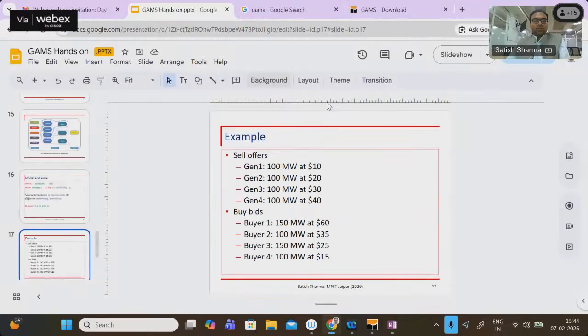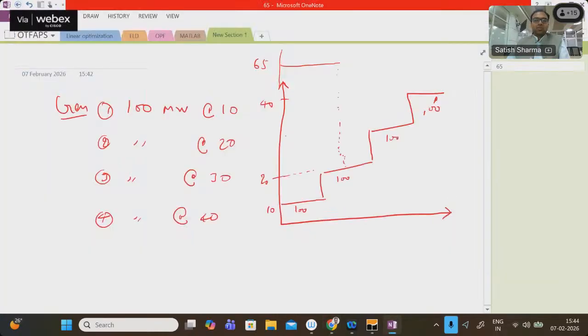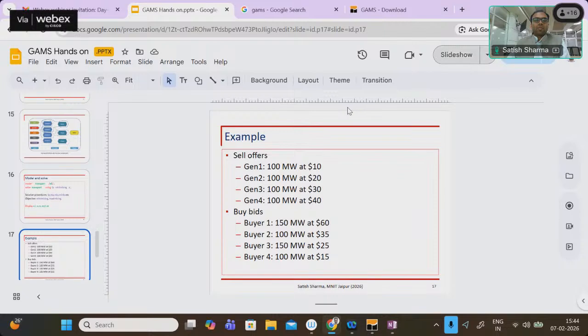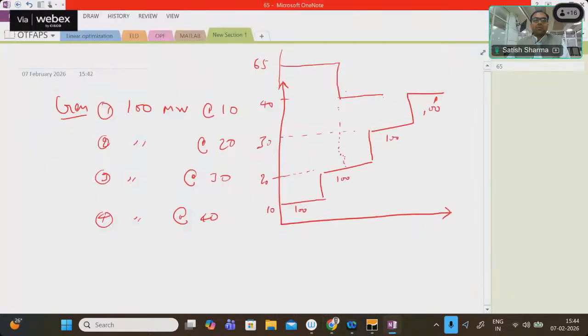The third generator was of 30, so it is 35 and that is 100. It goes up to this particular part. 35, so it will come a bit below.